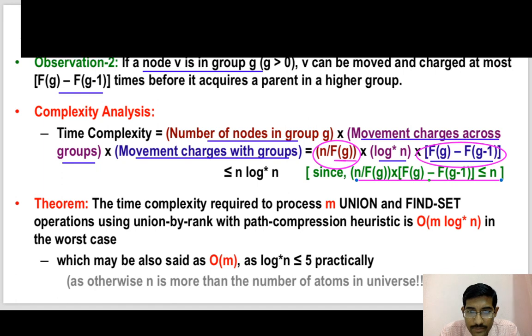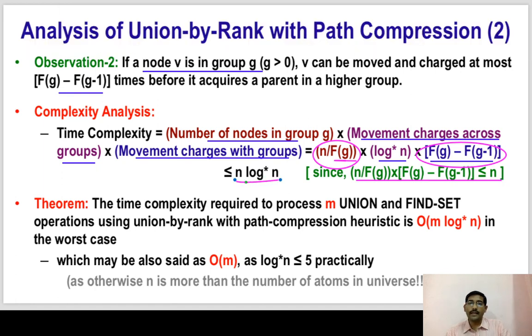Therefore this comes as n log star n. What does this mean? If we have m union and find set operations, these are not interleaved, that's why we are doing them together, because union may have find set. So if we apply union by rank with path compression, then we will get m times log star n amount of time in the worst case.